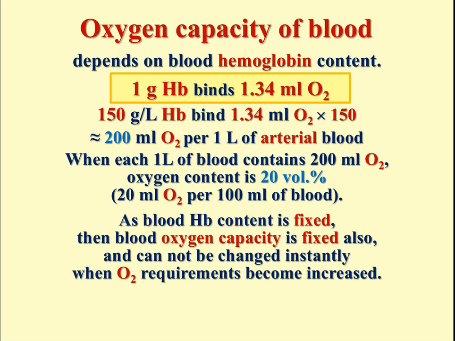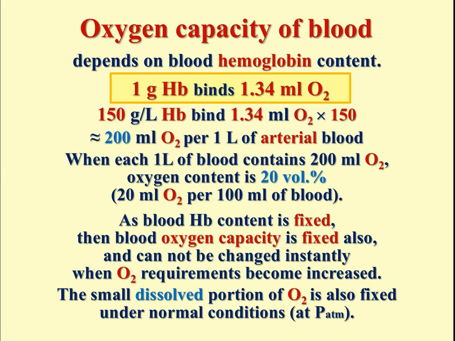So when oxygen requirements increase, this stimulates the heart, and the heart increases the cardiac output, so that more liters pass through the cycle per minute and more oxygen can be supplied. But each liter contains the same usual amount of oxygen.